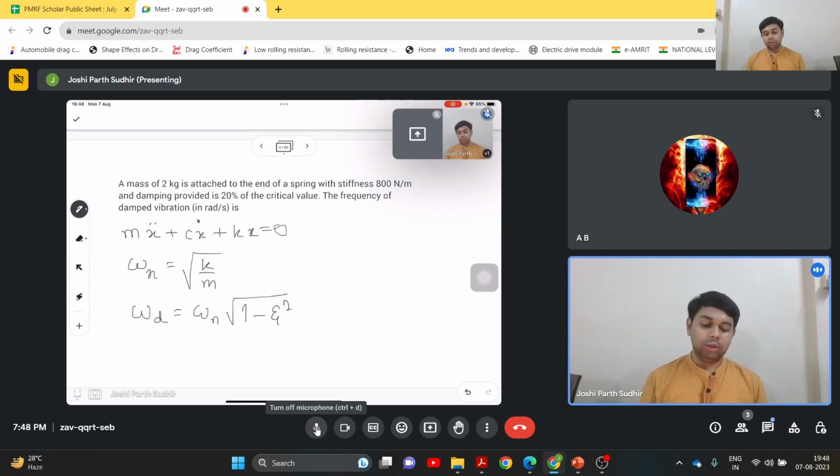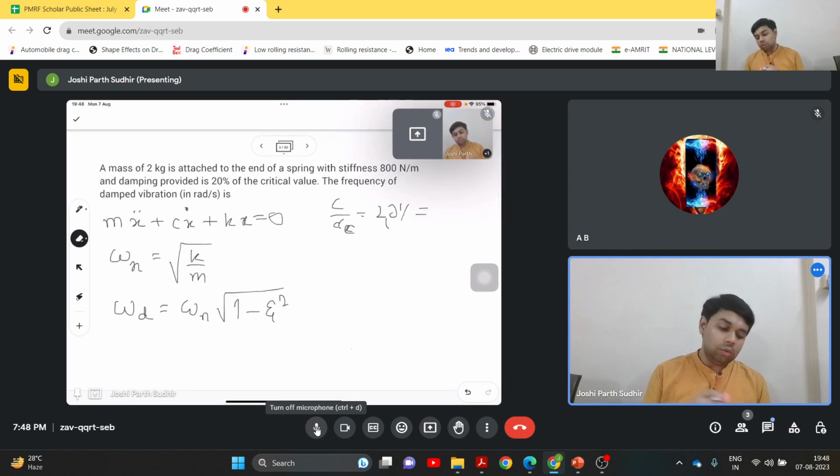For the damped vibrations, it is given that the damping provided is 20% of the critical value. So basically C upon CC, where CC is the critical damping, is 20% or 0.2. So basically zeta is equal to 0.2.